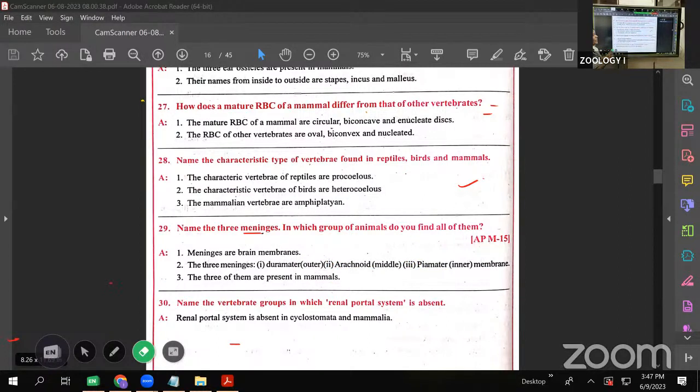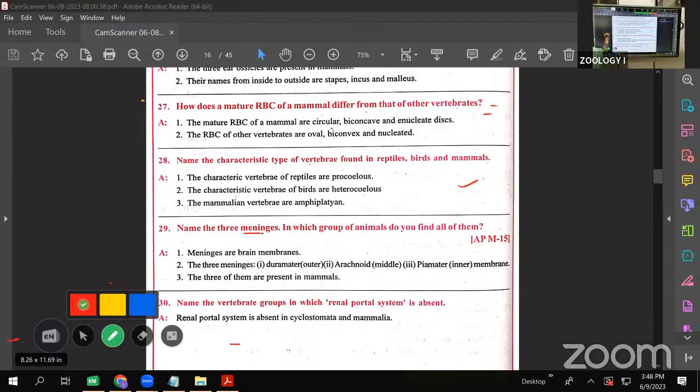One VSAQ will come from the first lesson, two to three from structural organization, then one each from animal diversity 1 and 2, and two from the fifth lesson, so in total seven VSAQs you cover with only the first five lessons.